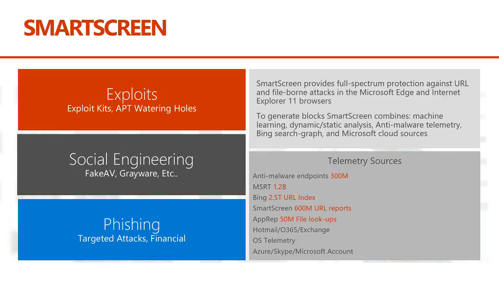So their Smart Screen filter has a lot of telemetry sources. You've got Bing, you've got the anti-malware, obviously Windows Defender and all the other antivirus endpoint protections, application reputation. They basically are in a position where they can see when the zero-day malware starts coming out, and they can help you with Smart Screen to block the end users from visiting those websites.